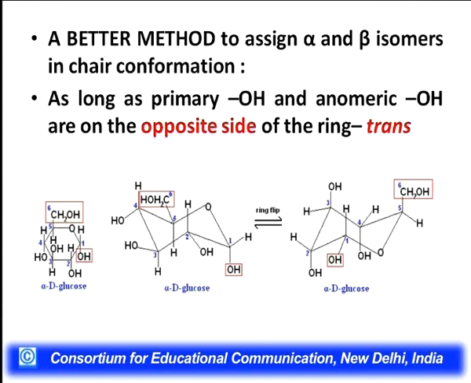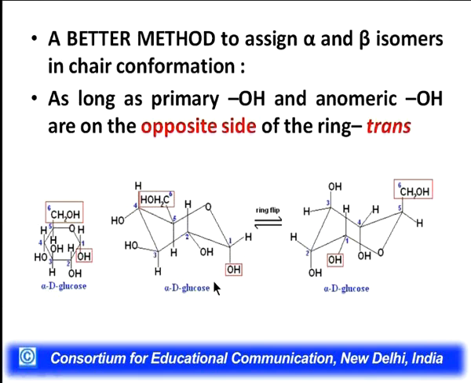So what we say is, as long as the primary OH, that is this OH, and the anomeric OH are on the opposite side of the ring, that is, they are trans to each other, that means it is the alpha form. So what we find is, if we are writing it on the right hand side, the first carbon is on the right hand side, then these two are on the opposite side.